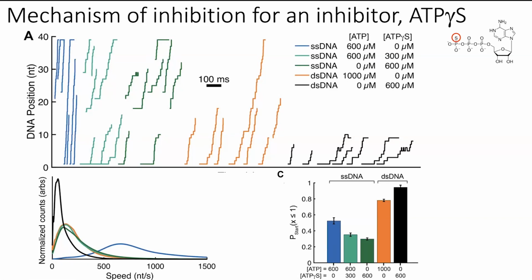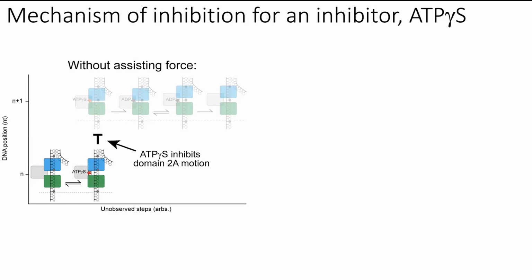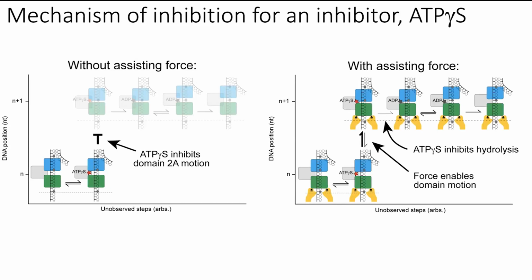Next, we can easily measure when the enzyme is at the start of each of these events. About 50% of the time, we capture it walking at the beginning of the design start site, and the probability increases when it is unwinding double-stranded DNA, and we capture it at the beginning almost 100% of the time when it is in the presence of ATP gamma S. This leads us to believe that in the bulk solution above the nanopore, the enzyme does not hydrolyze ATP gamma S, and that ATP gamma S completely inhibits ATP hydrolysis and duplex unwinding.